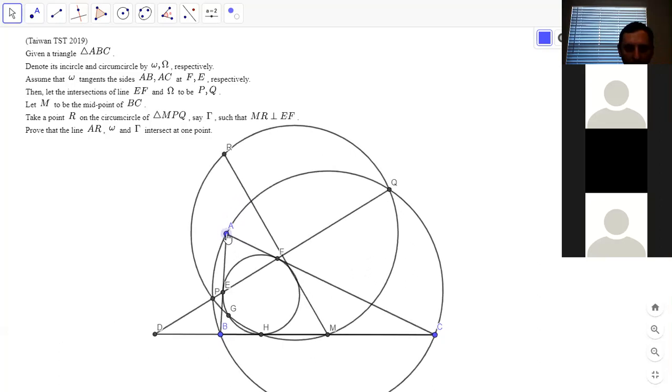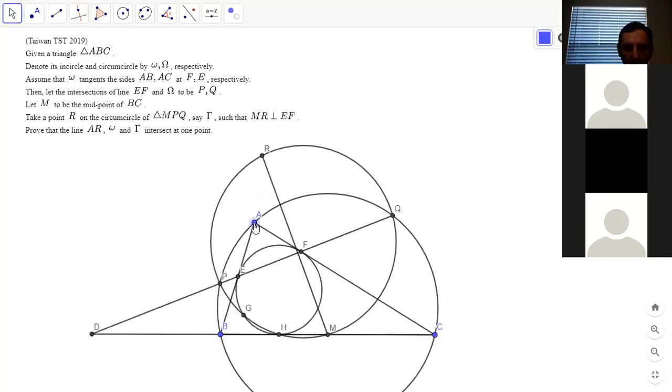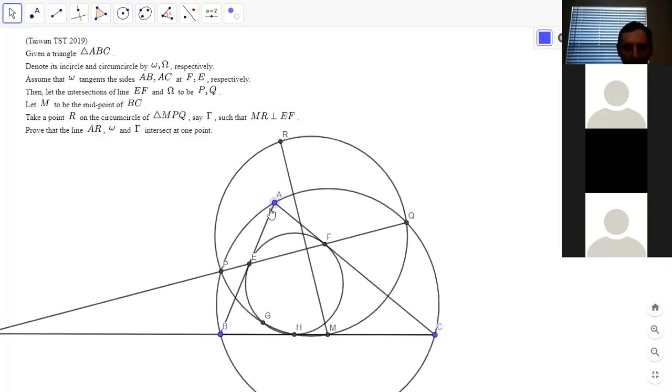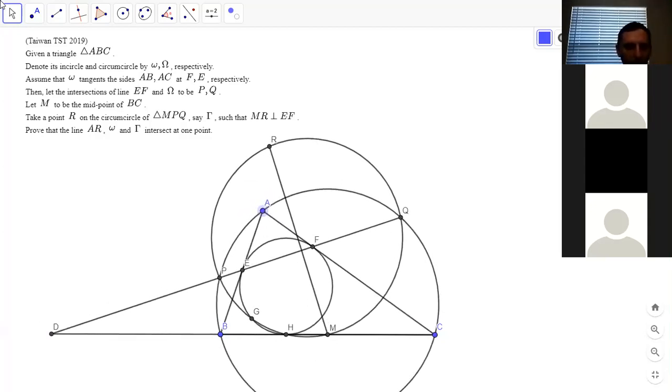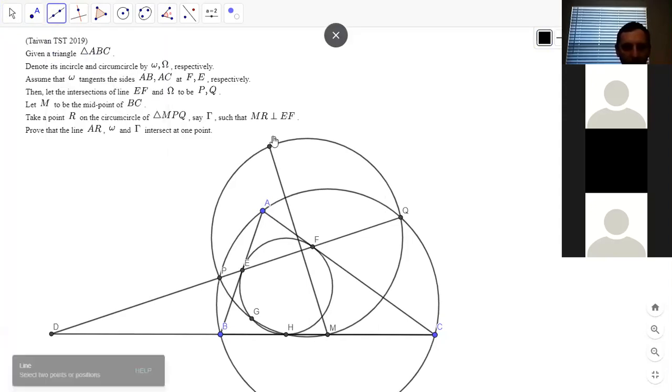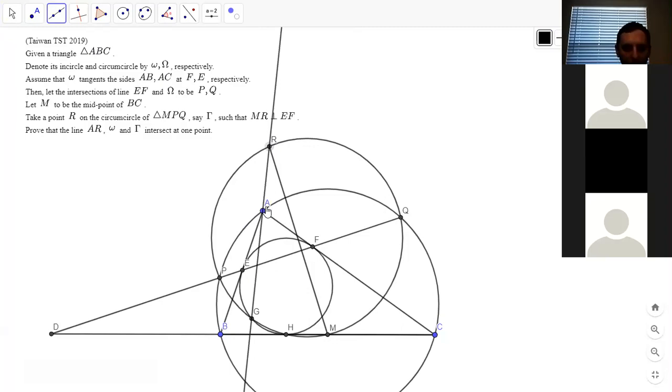I don't think AR is perpendicular to BC, is it? That would seem really strange. Yeah, it doesn't look like it here.